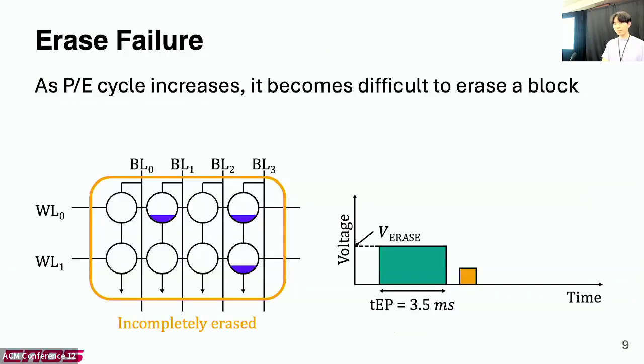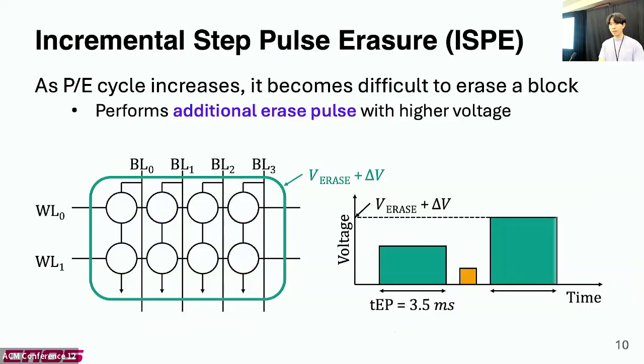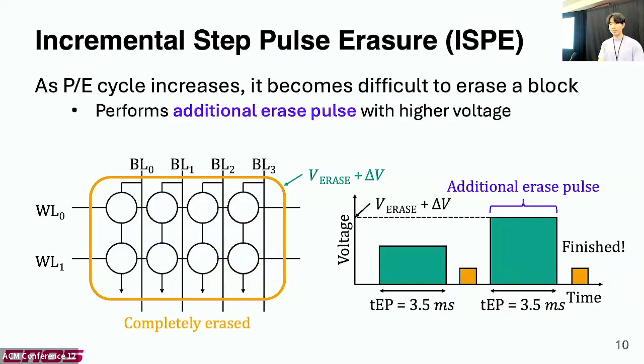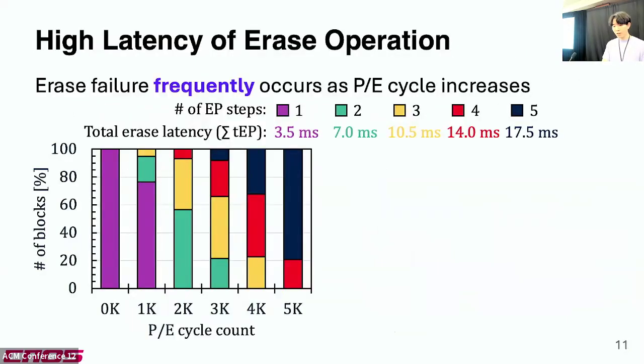Even worse, as the number of program and erase cycles increases, it becomes more difficult to erase a block. As shown here, after the first erase pulse, some cells can be insufficiently erased. To handle this, it is common practice to repeat erase pulse and verify read until the block is completely erased. This is called incremental step pulse erasure. This graph shows how the number of erase pulses increases depending on P/E cycle.